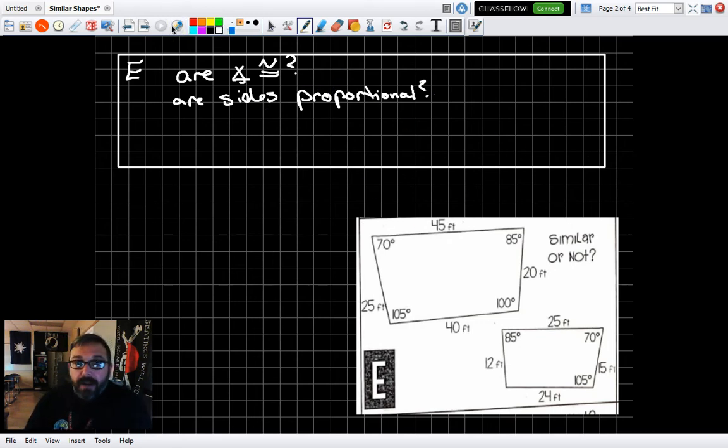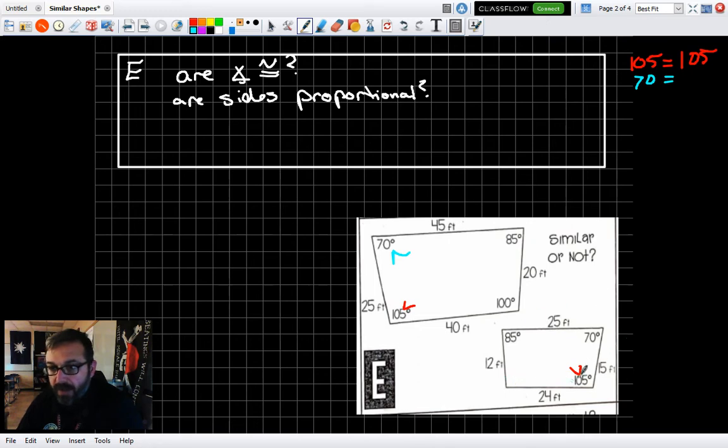All right, so biggest angle and the biggest shape. Oh, you know what? Nope, I want to keep the big one on top because I don't want to confuse you. Biggest shape, biggest angle, 105, okay? Littlest shape, biggest angle, 105. Okay, those are congruent. So now smallest, 70.